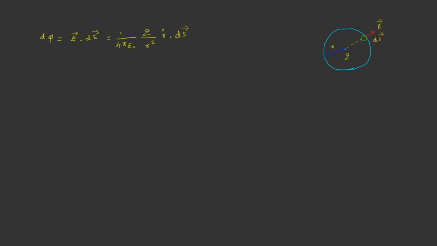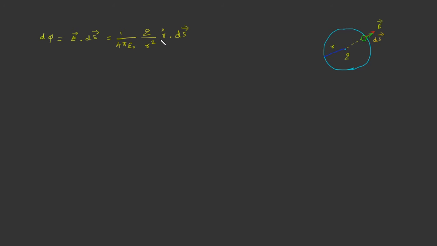We can also say the normal to a sphere at every point is along the radius vector at that point. So, the outward normal to the area element ds is in this direction.